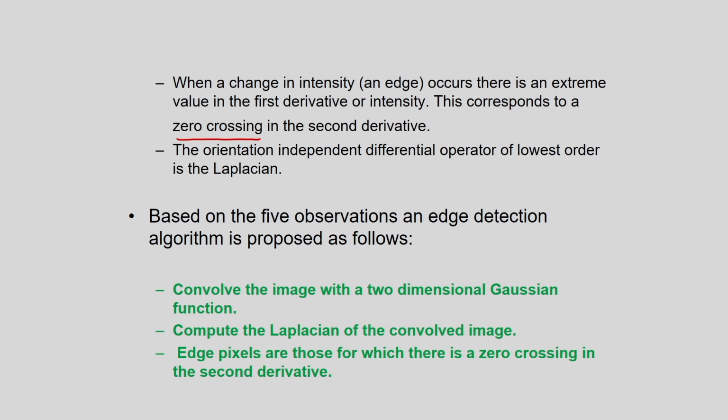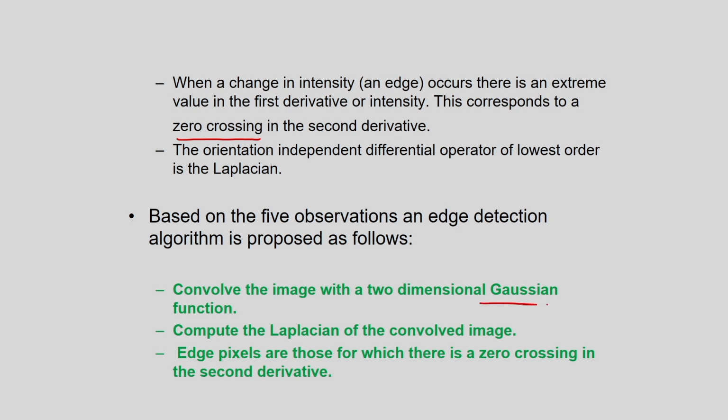In the model based techniques, what do I have to consider? First, convolve the image with a two-dimensional Gaussian function. This is mainly to blur the image and remove noise. This is called Gaussian smoothing.